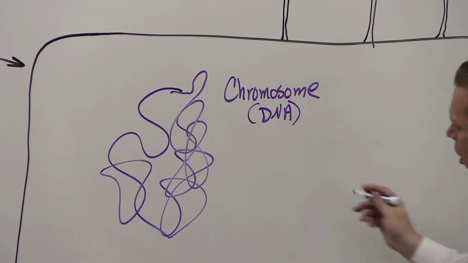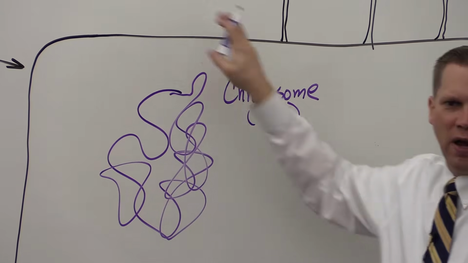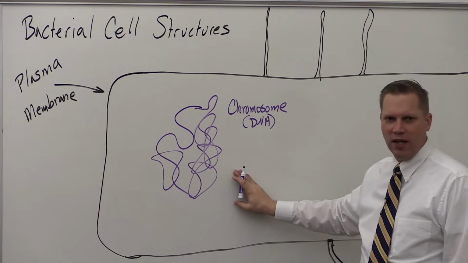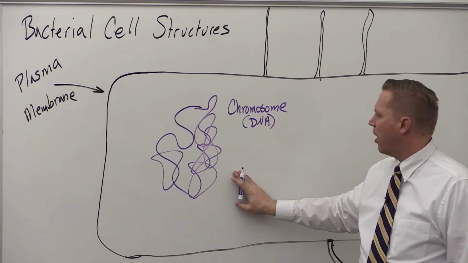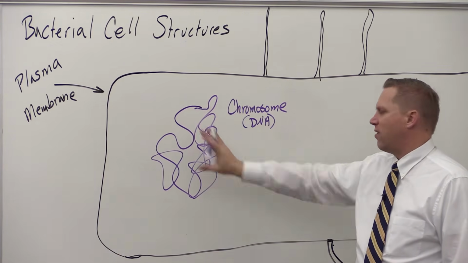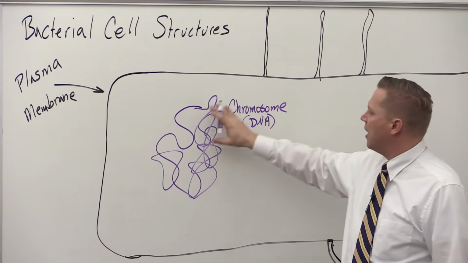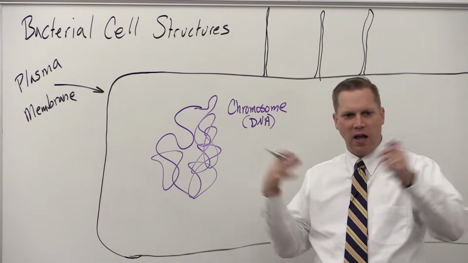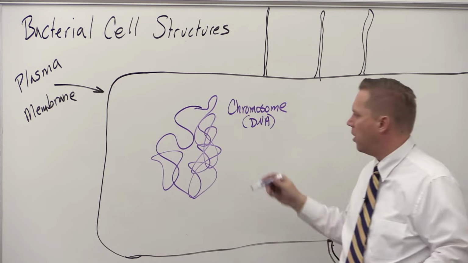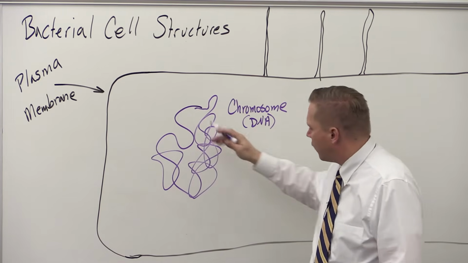And the chromosome does not have a membrane surrounding it. Remember, there's no nucleus in it, like there was in our eukaryotic cells. So we can't say that this is a nucleus at all, but the DNA inside the cell does tend to cluster in kind of one region. It's packaged in there, and it's all twisted up.